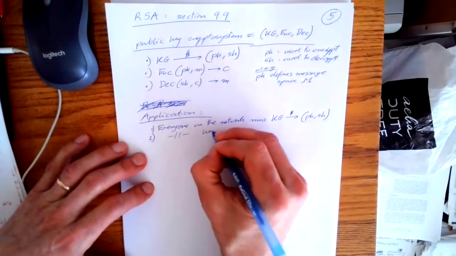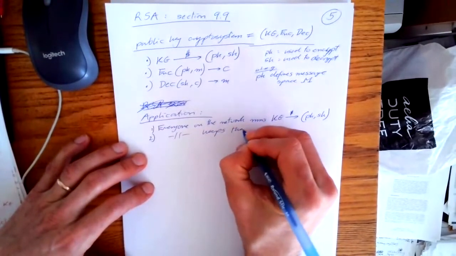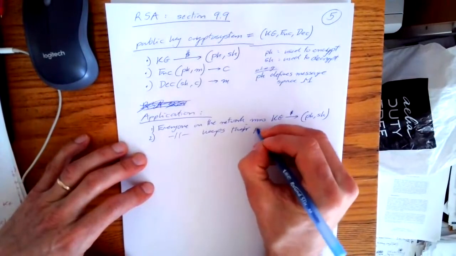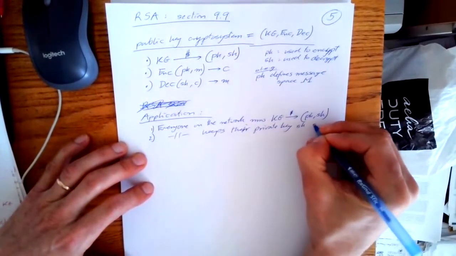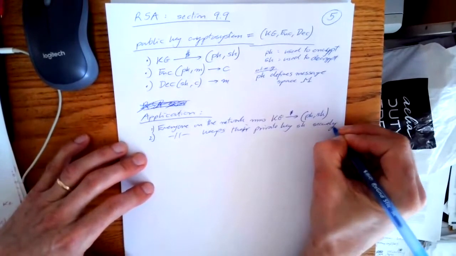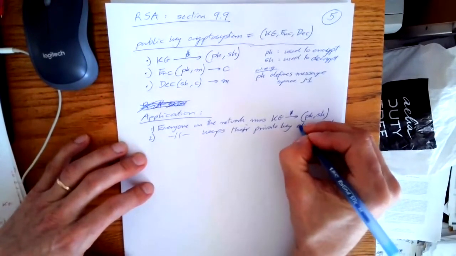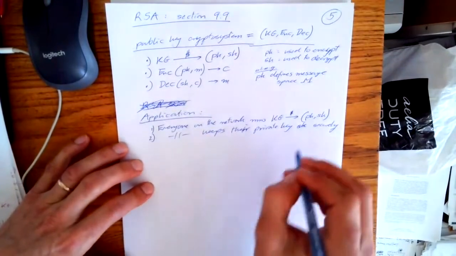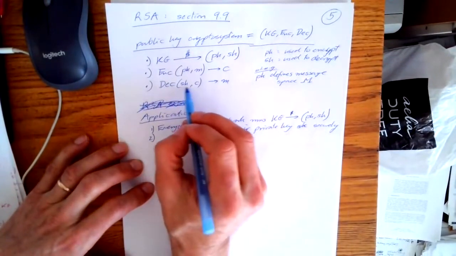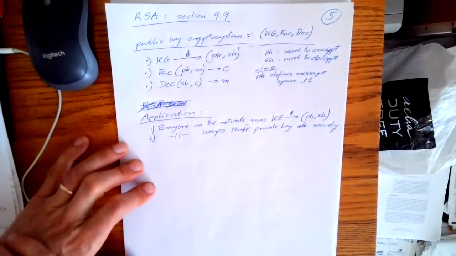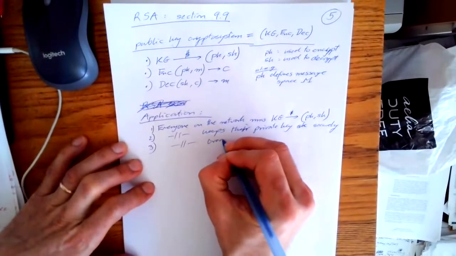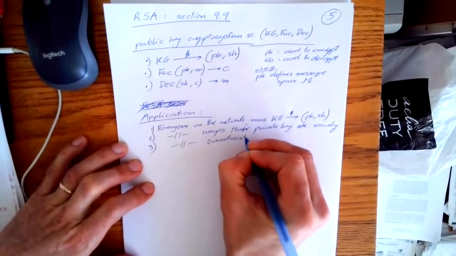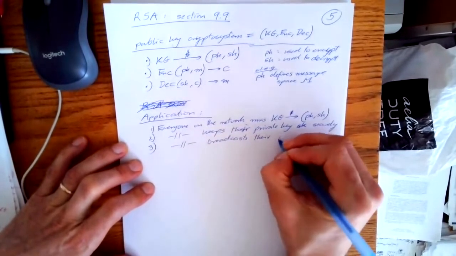Everyone keeps their private key SK securely. If this thing leaks, then my security is broken, because everybody can run the decryption algorithm on the ciphertexts that were created for me. But everyone broadcasts their public keys.